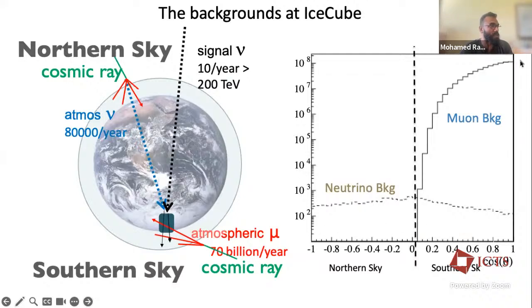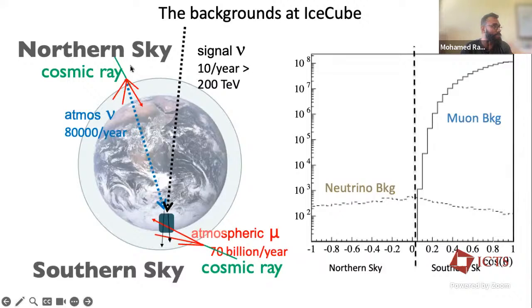On the other hand, in the downgoing direction, which in this figure is upgoing, if you're sitting at the South Pole, you see a 6 order of magnitude larger flux of muons. And these muons are actually produced directly in cosmic ray interactions in the upper atmosphere.